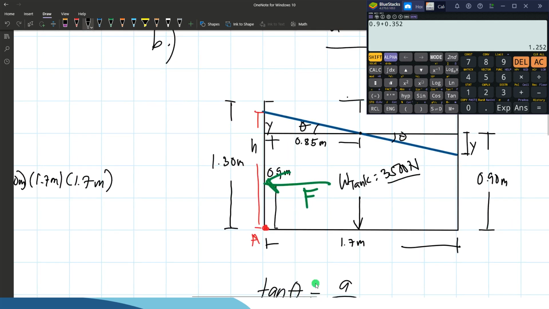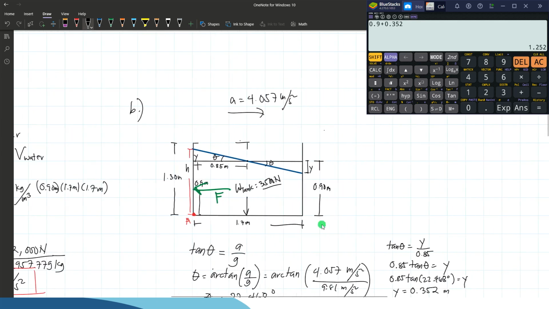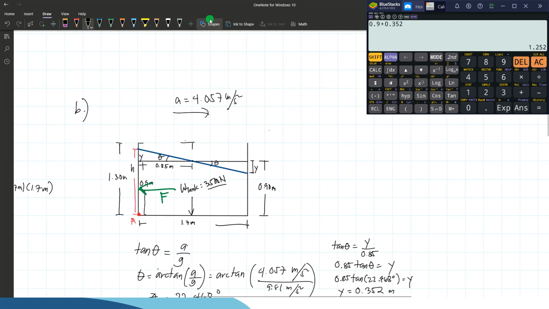From this figure, on the left side we have a rectangular shape, which has a length of 1.7 and a depth of h, which is 1.252 meters.